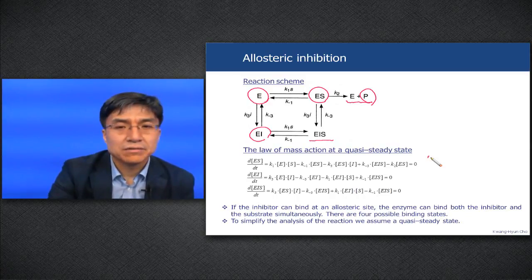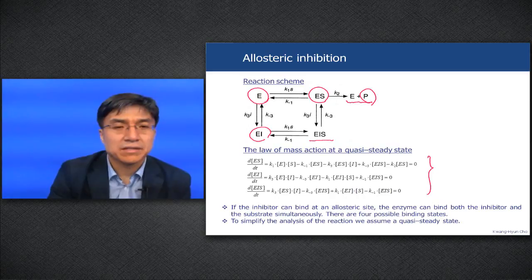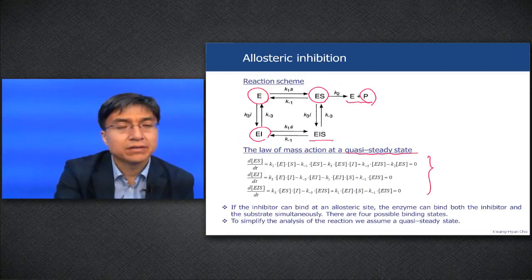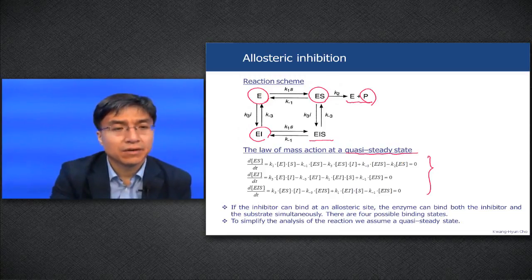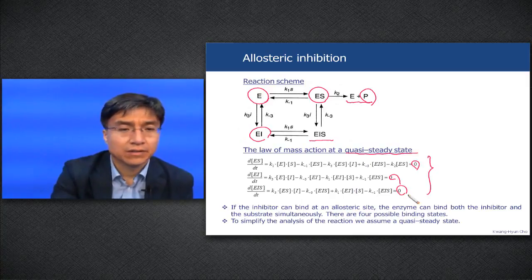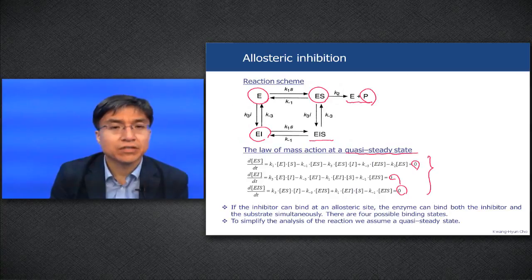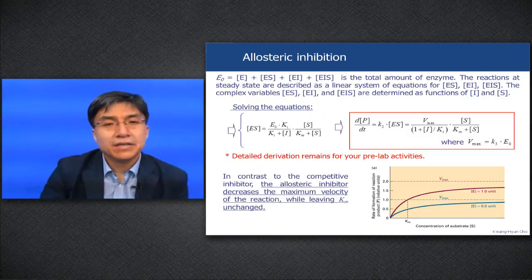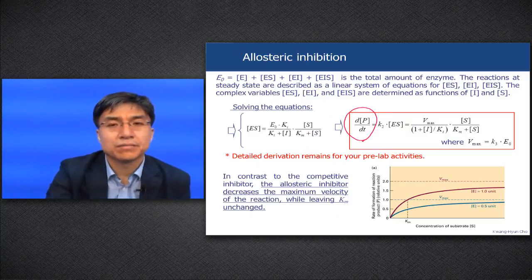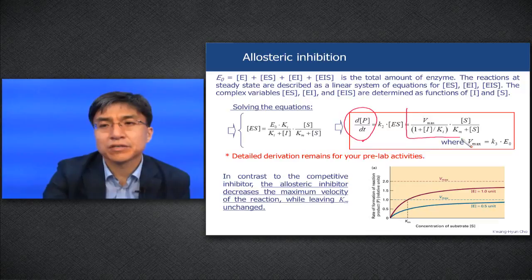Similarly, we can write down the mathematical equation using the law of mass action. And at quasi-steady state, where all the terms of the rate of change with respect to time become 0, then we can solve the algebraic equations. And if we rearrange the final rate of change of the product, then we have this equation.